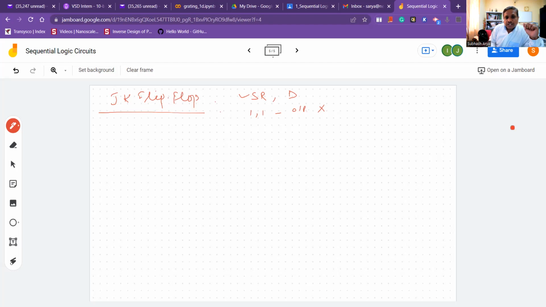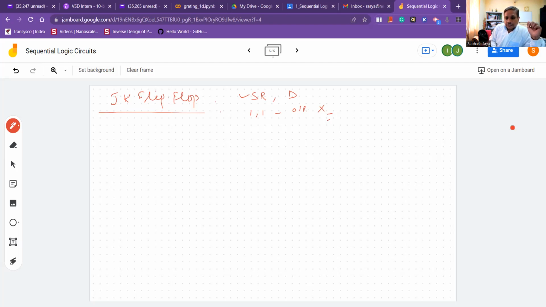To avoid that, we reached the D flip-flop, in which the condition of 1-1 to both inputs of the cross-coupled NAND gates was avoided. But suppose we want to keep two inputs as well as avoid this indeterminate state. The solution is the JK flip-flop.